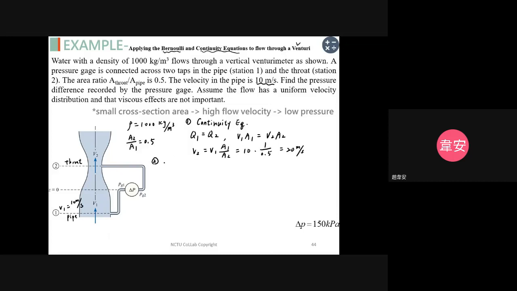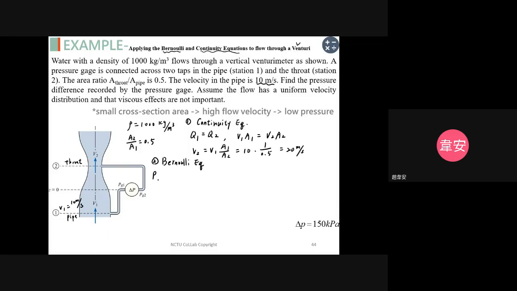For the second part, we use the Bernoulli equation. We can write down the balance between the pressure and the velocity terms.